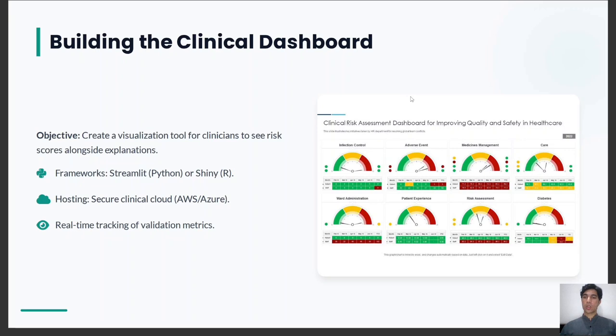We can use Streamlit or Shiny or any other framework to make these analytical dashboards. These dashboards can be hosted on a secure clinical cloud like AWS or Microsoft Azure. And we have to track and validate the metrics in real time.